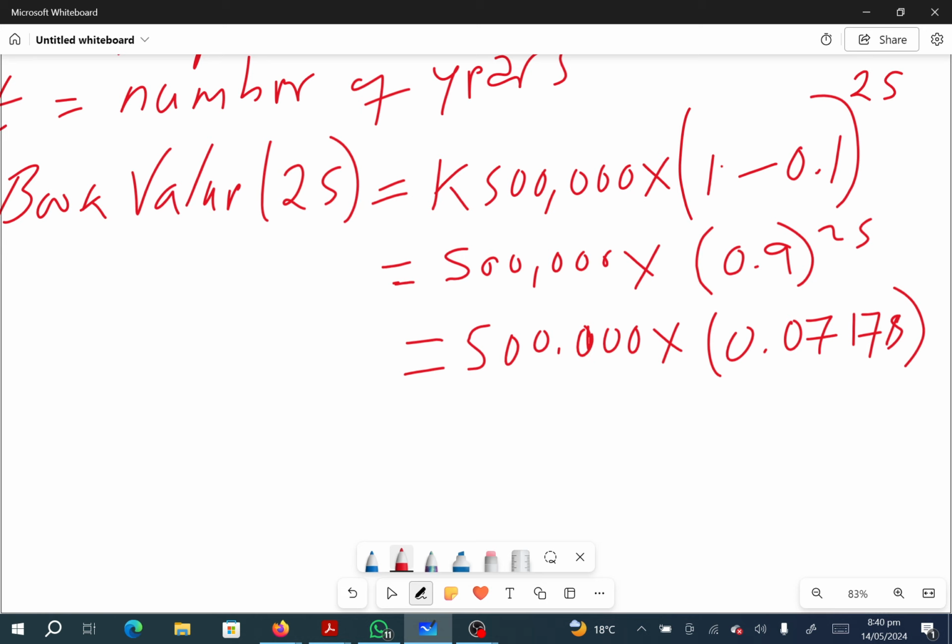So you can write it complete, then multiply by 500,000. So what are we getting? 35,894.